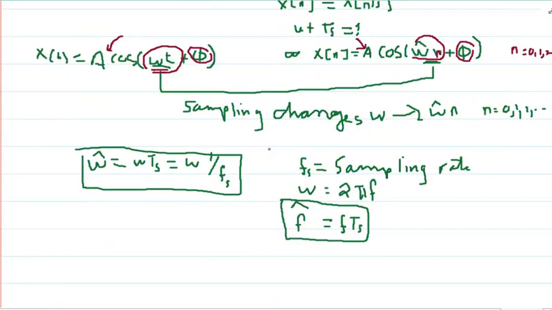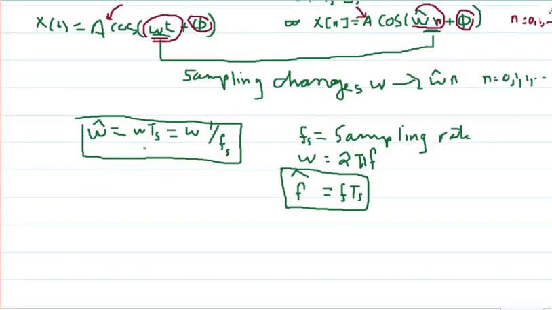Now we have to find the relation: omega cap equals omega analog or continuous times Ts, which equals omega over Fs, where Fs is the sampling rate, how fast we sample. Omega equals 2 pi F, and therefore F cap equals F Ts.